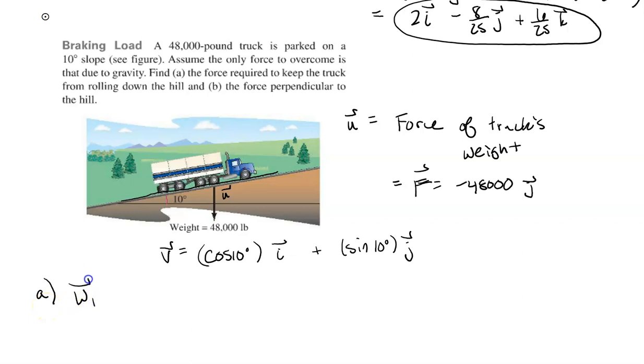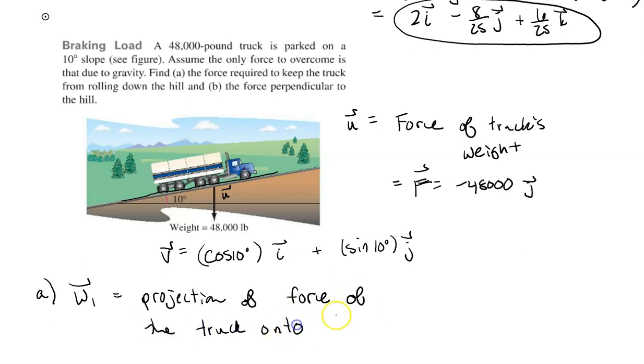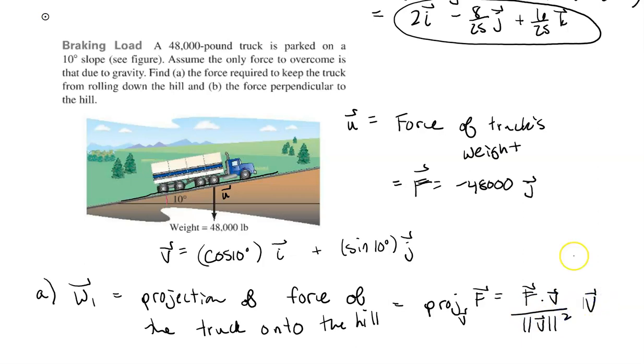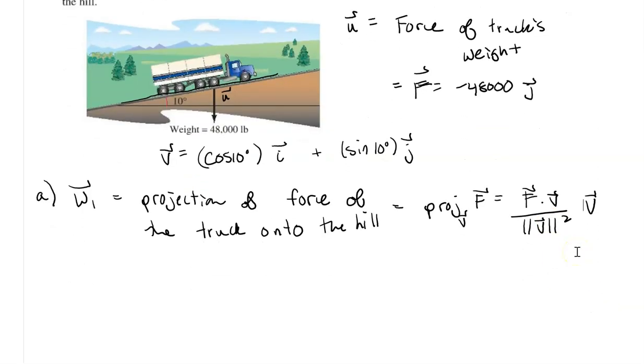So what this is, is the projection of the force of the truck onto the hill. So what we're really looking for is the projection of F onto V. So that will be F dot V divided by the magnitude of V squared times V. So the F here is negative 48,000 j.